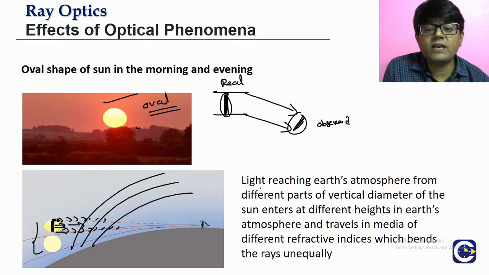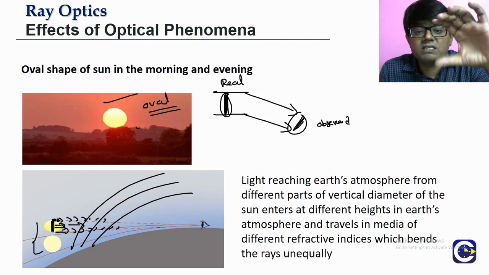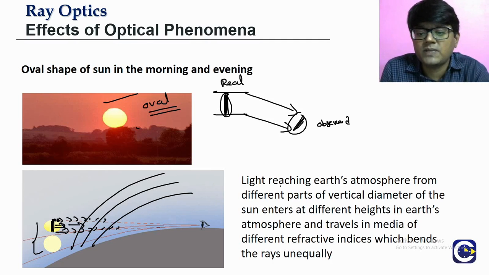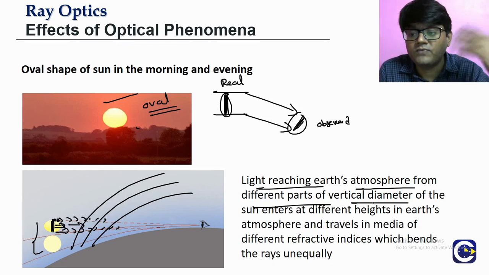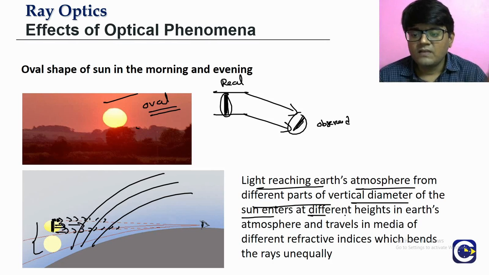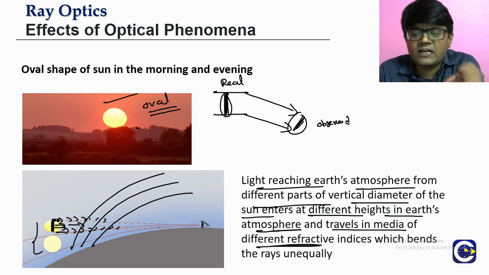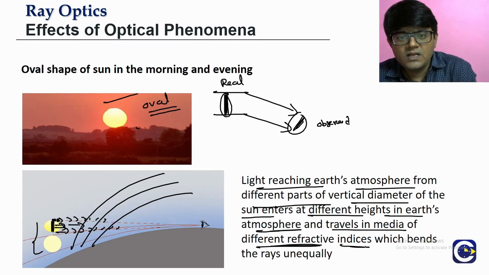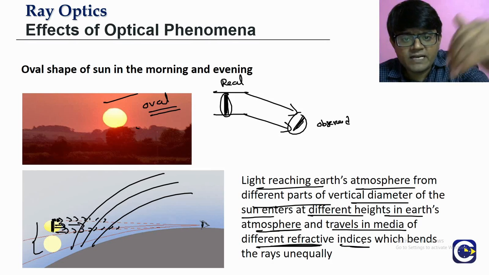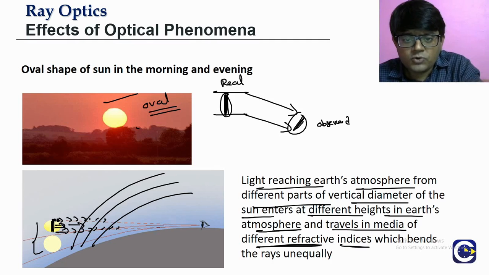So the reason why we have flattening of the sun, or an oval shape, is because the light reaching the Earth's atmosphere from different parts of the vertical diameter of the sun will be entering at different heights in the Earth's atmosphere. When it enters at different heights, it will be traveling through media with different refractive indices, and their paths will be different.